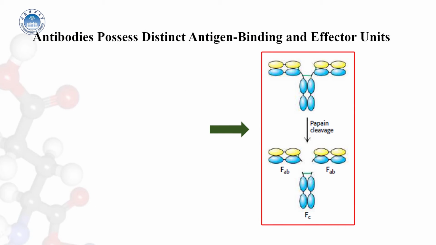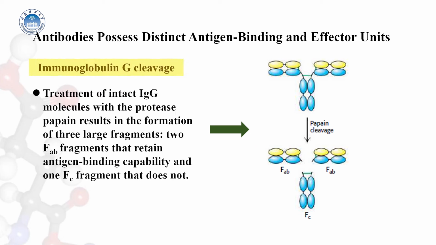In the figure, papain cleaves the H chains on the carboxy terminal side of the disulfide bond that links each light and heavy chain. Thus, each Fab consists of an entire L chain and the amino terminal half of a heavy chain, whereas Fc consists of the carboxy terminal halves of both heavy chains.